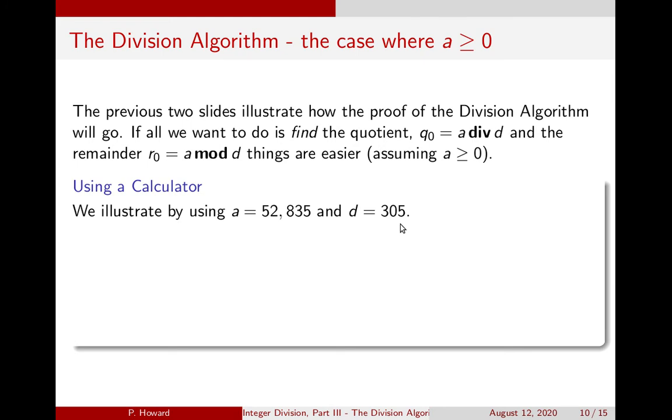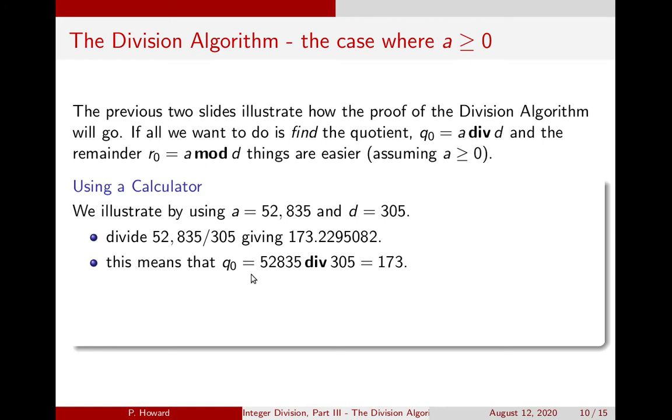So I divided a by d on my calculator, and I got 173.229508. So that means the quotient, when you divide 52,835 by 305, is 173. So Q0, the quotient, or using the div notation, 52,835 div 305, is 173.